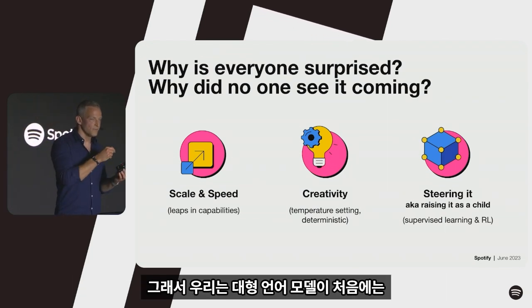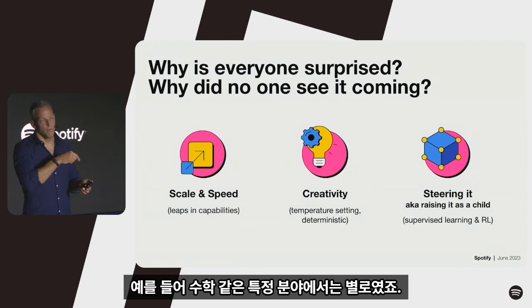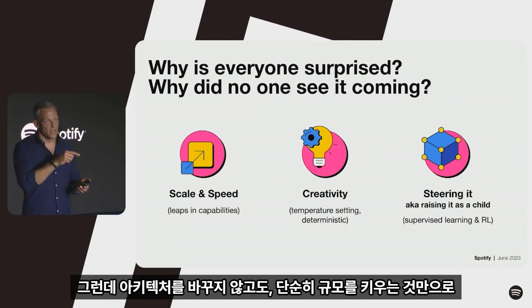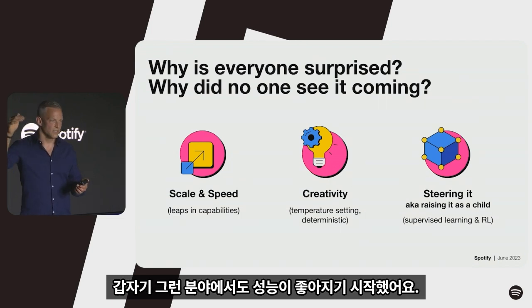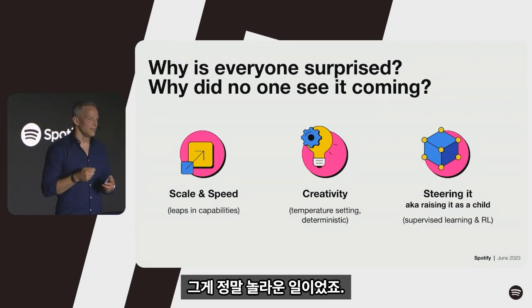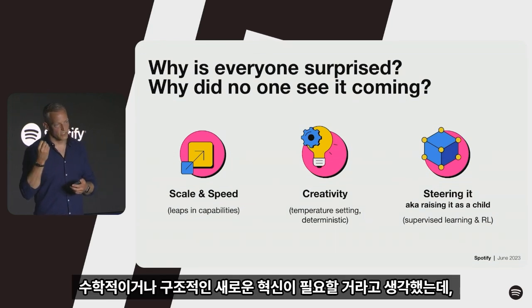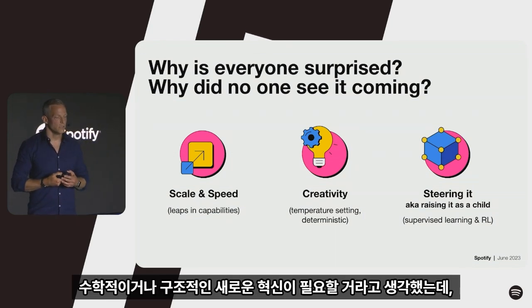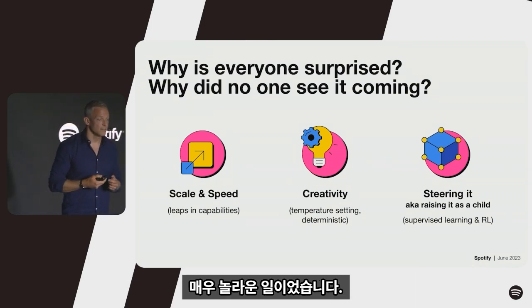So you could see these large language models not being very good at certain things, like math, for example. And then without changing the architecture, just by scaling it up, all of a sudden it started getting good at things. And that was surprising, that you would get these emergent capabilities that many people thought would require some new mathematical or architectural innovation. So just that scale alone improved performance was very surprising.